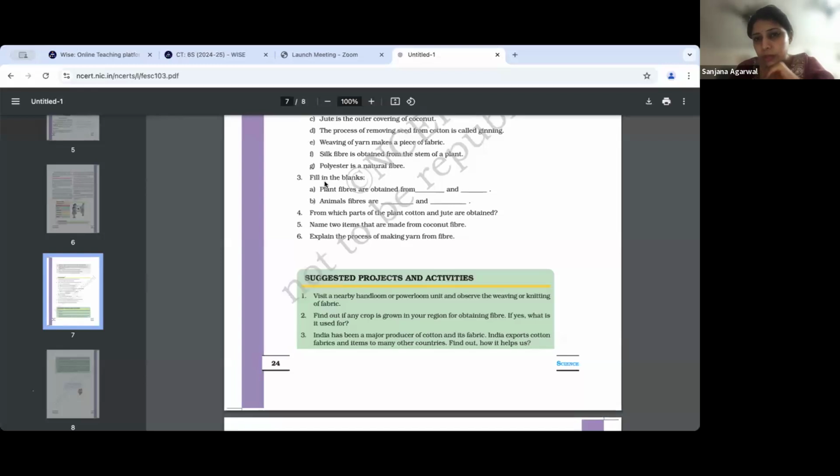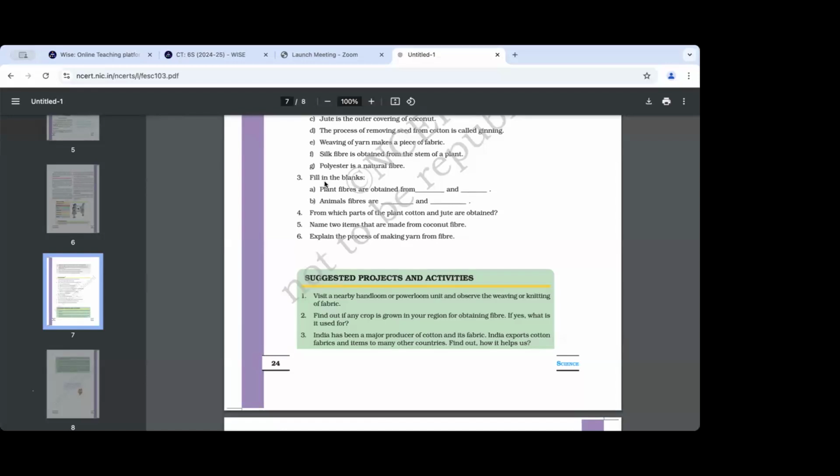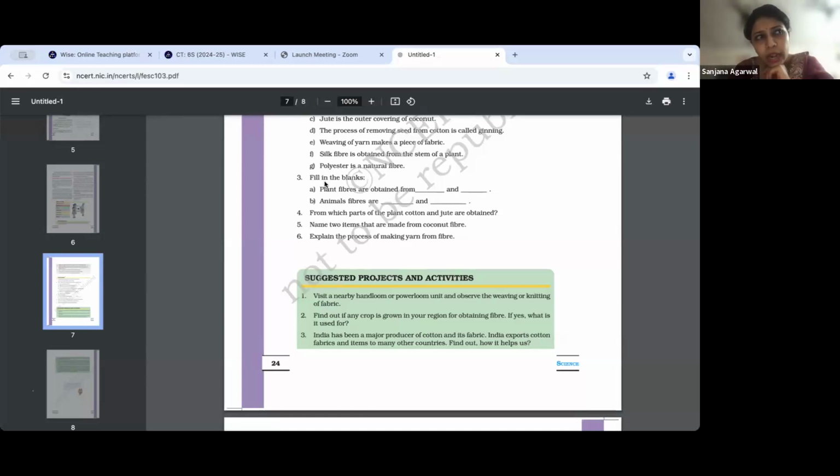Plant fibers. Okay, you can write it cotton and jute. Fine. Did not ask for examples. They're asking where it is obtained from. So we can say flower and stem.